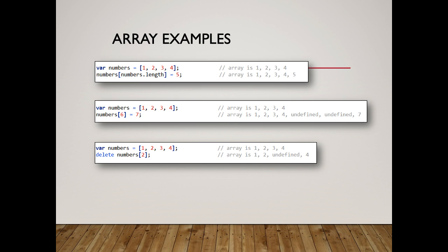So we would use push, which is a couple slides up from now, that allows us to push a new element into that array. But you can also delete a specific index from an array. Again, same thing, it just converts it to being undefined.